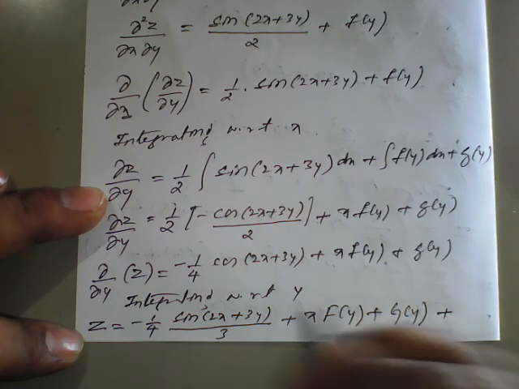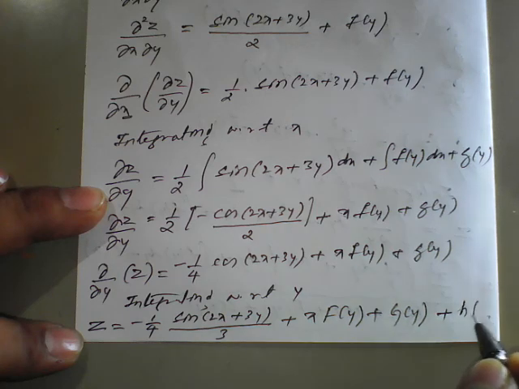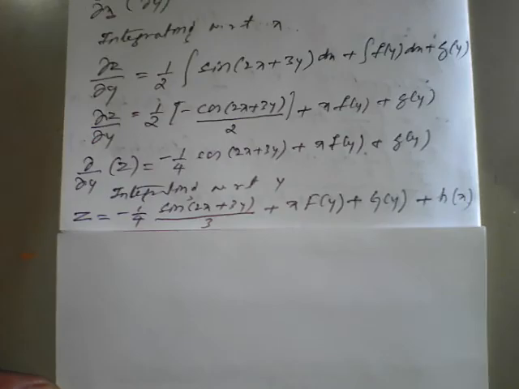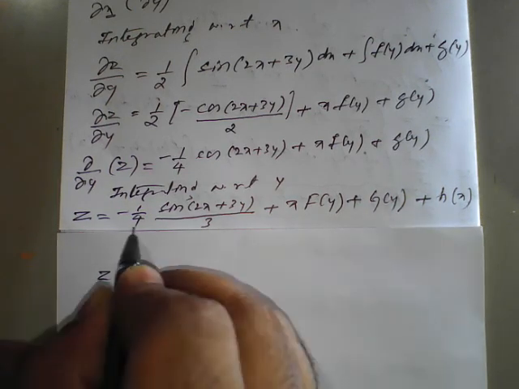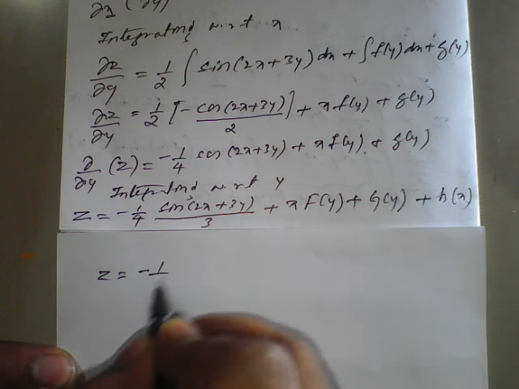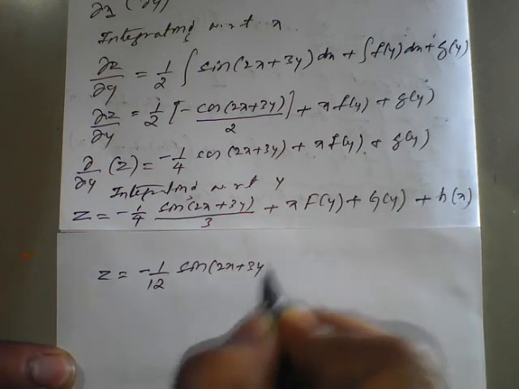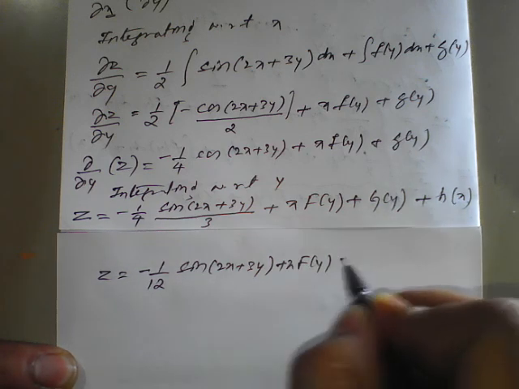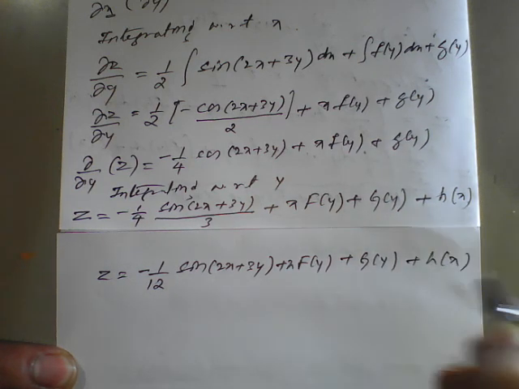Plus we need to add one more integrating constant, h, whose opposite variable is x, so h(x). Rearranging, z equals, 3 fours are 12, minus 1/12 sin(2x + 3y) plus x times F(y) plus G(y) plus h(x).